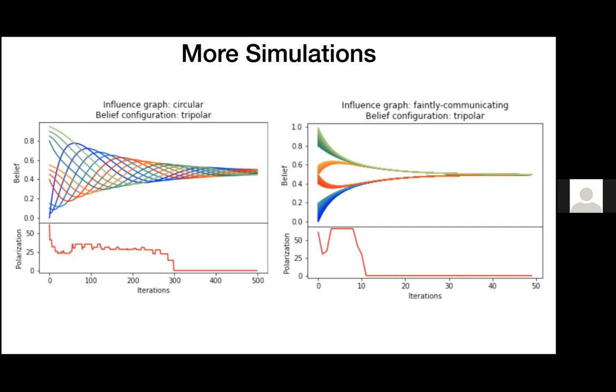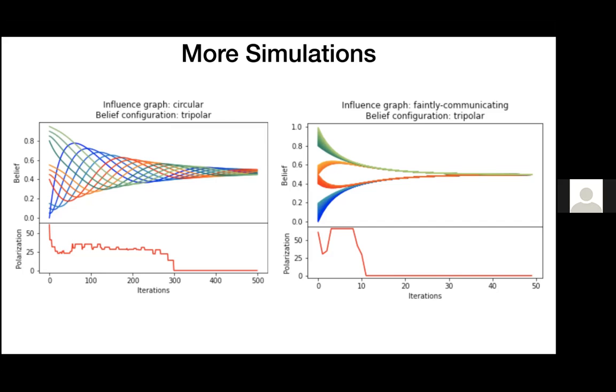We have this other scenario here with faintly communicating agents, and the belief configuration is also tripolar. So you have three poles. And you can see that this first group, the indifferent, actually splits. And this part tries to meet the ones in strong agreement, and this one tries to join the ones in strong disagreement.